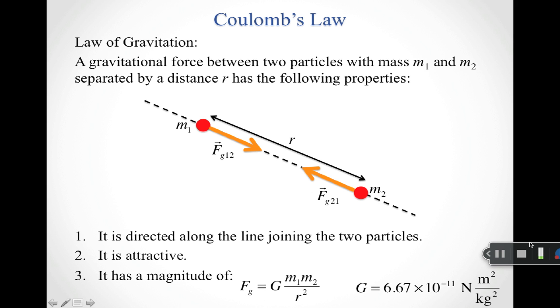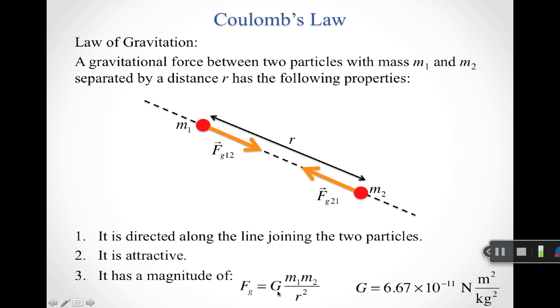And then it has a magnitude given by the following expression. The magnitude of the gravitational force is equal to big G, which is the gravitational constant, it's just a number, times the product of the 2 masses divided by the distance between them squared. So here's r, the distance separating our masses, squared.